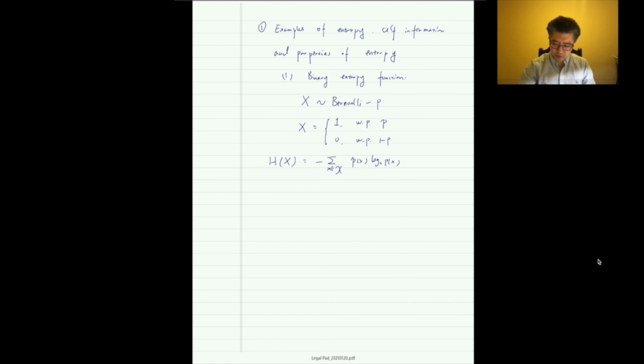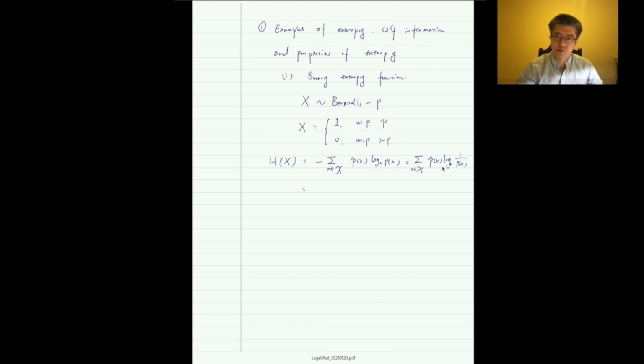Of course, sometimes we can move the negative sign inside, which may be more convenient, so that also equals the sum of p(x) log base 2 of 1 over p(x). Then we can plug everything in. In the summation I only have two terms here, because X only has two values, 1 and 0. So now let's see.